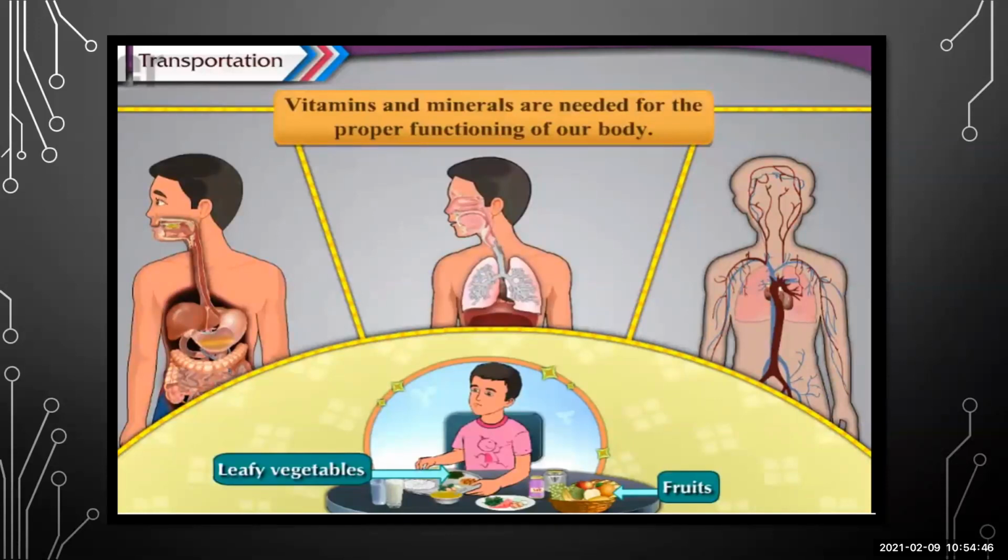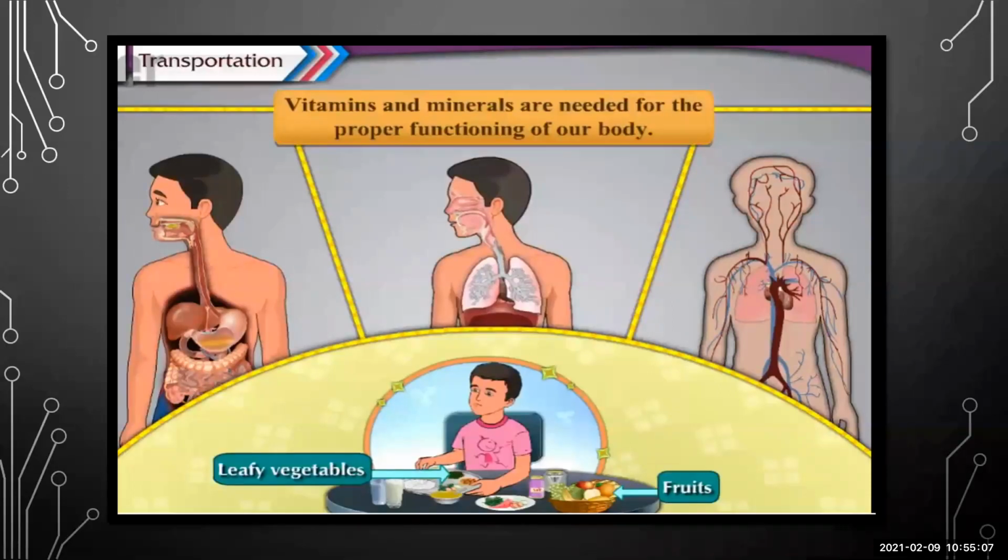So we have to eat leafy vegetables and fruits, and also consume milk. Then also the healthy food we have to consume, so that our body will get the vitamins and minerals in appropriate proportion, so that our body will function very well and we will remain healthy.